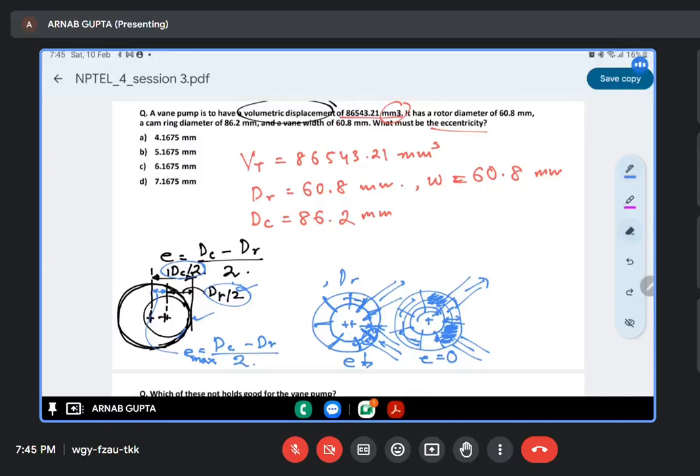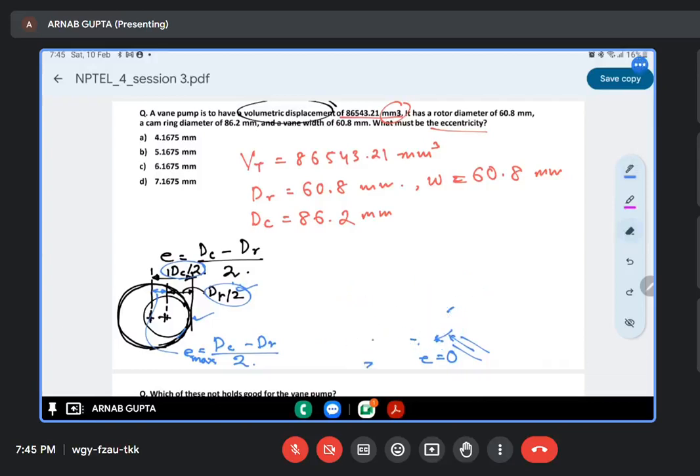So now coming back to the numerical, this is just like shown here. What is the value of e? Okay, so this is nothing but your e max, right? 86.2 minus 60.8 divided by 2.